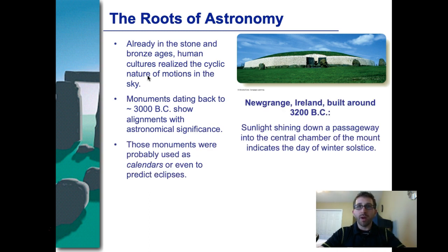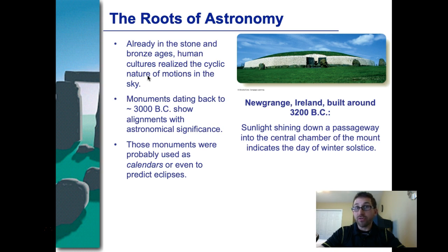This particular one in Newgrange, Ireland, was built in 3200 BC. The significance to astronomy here is that during the winter solstice, light is able to shine from the sun directly through its central chamber. And this is something that we've seen also in other places.